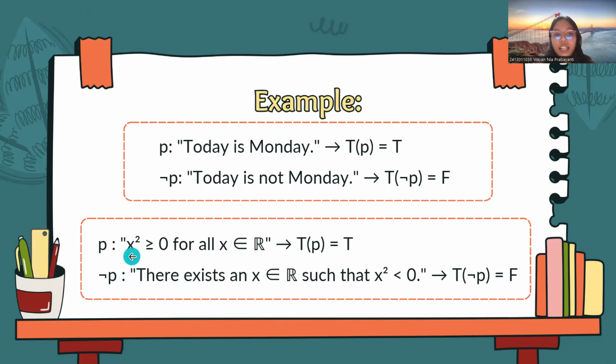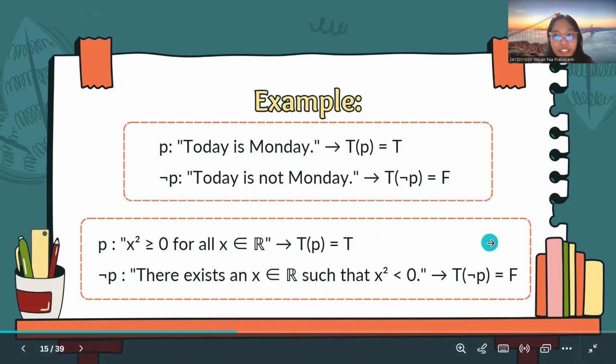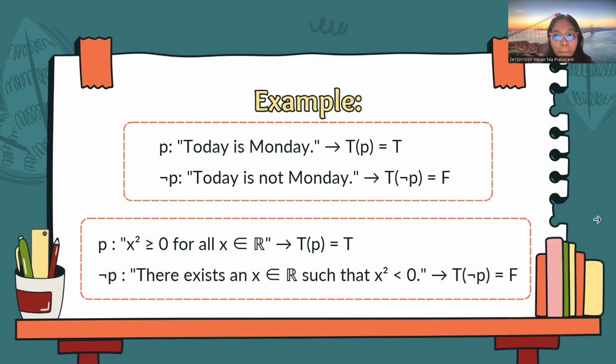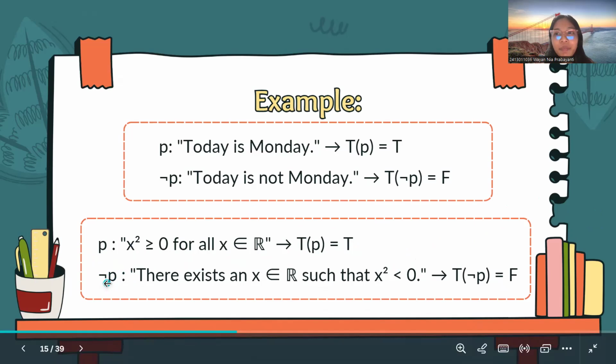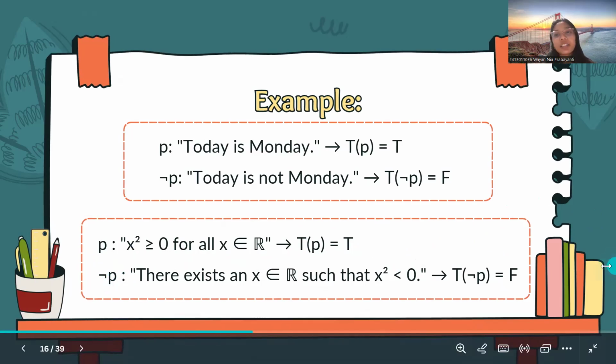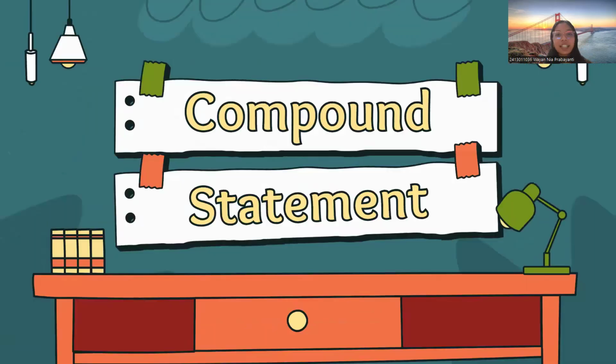Do you understand this example? Okay, good. So for the first one, P is true, and then the negation of P must be false.